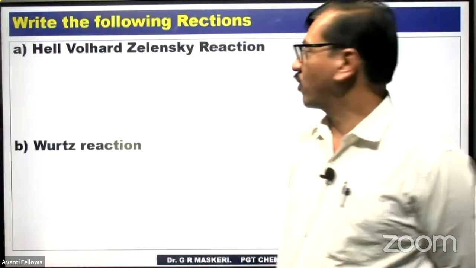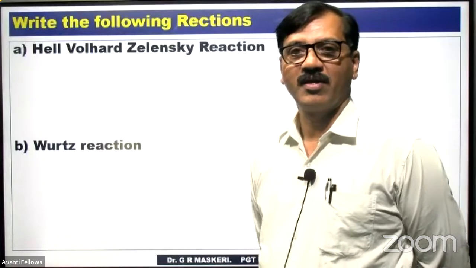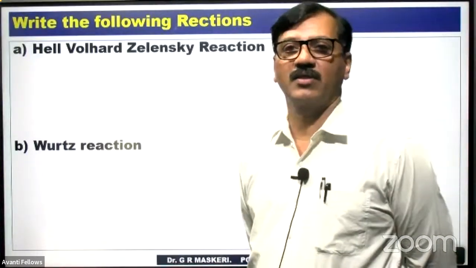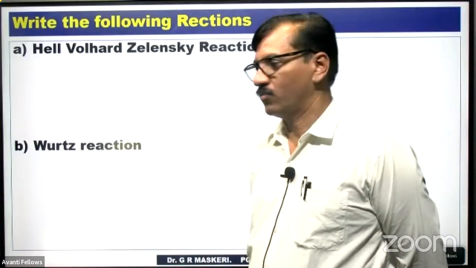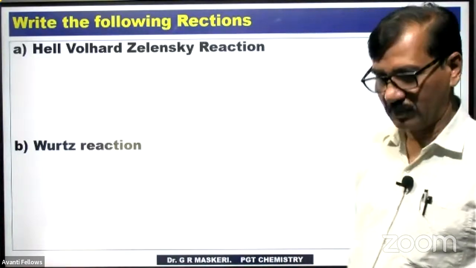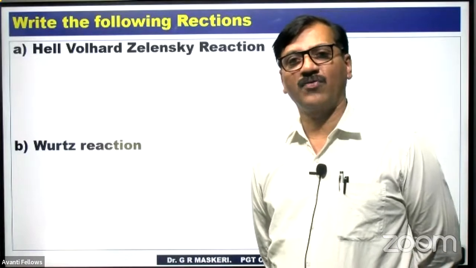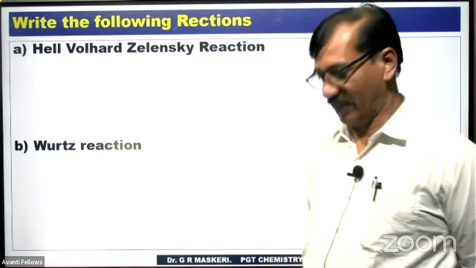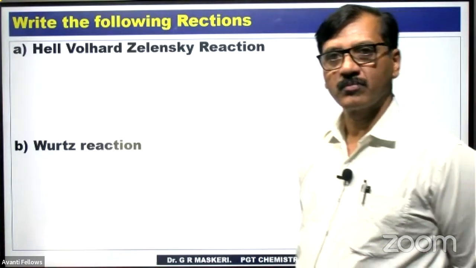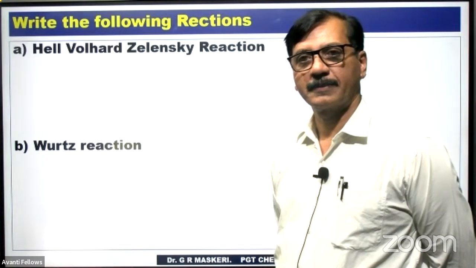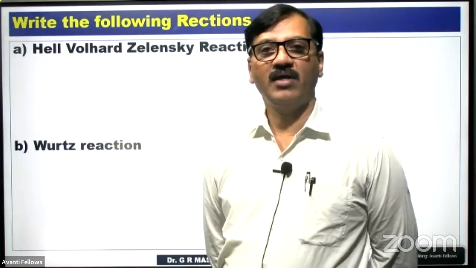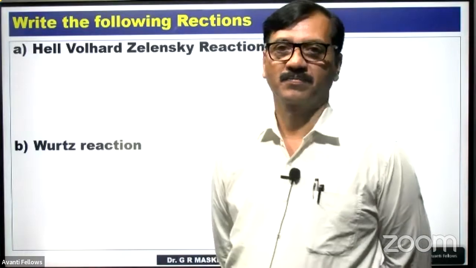Clue number 1 for Hell-Volhard-Zelinsky reaction is, it is the only named reaction in carboxylic acids. It is a property of carboxylic acid. It is a reaction in which the alpha carbon is halogenated.